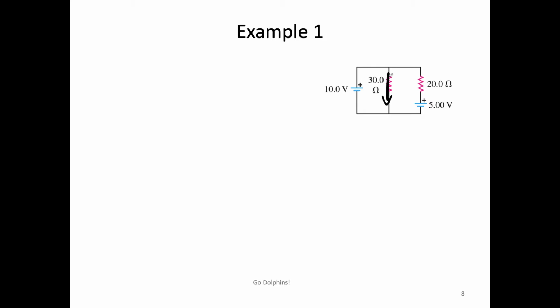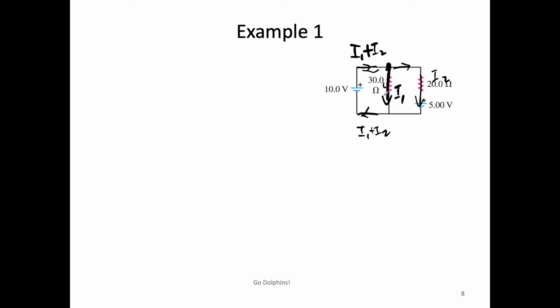I can guess the current going through the 30 ohm resistor should go down, and the current through the 20 ohm resistor should go down too. Then this is I1, this is I2. I should use the junction rule: the current going through here is I1 plus I2.